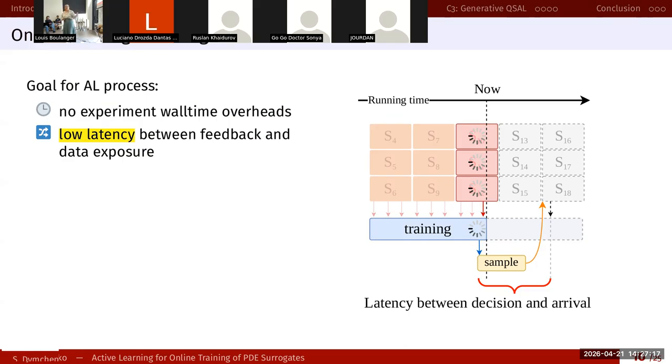In this case, however, as the active learning process takes some time, during this time, the neural network is also trained and the data by the solvers is produced, meaning that there will be some delay between when the neural network gave the feedback about its state of uncertainty to the active learning process.